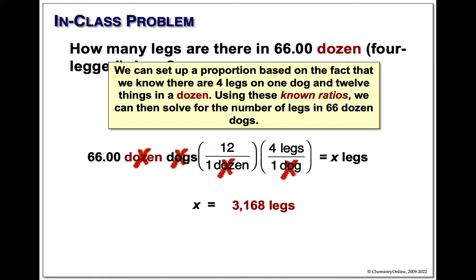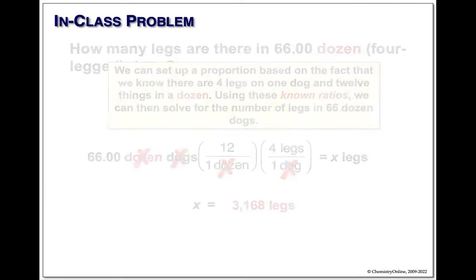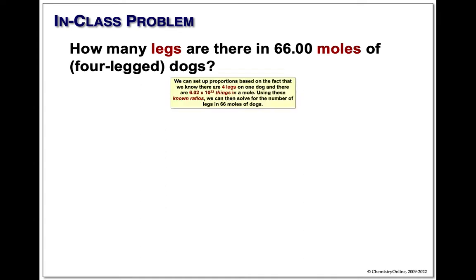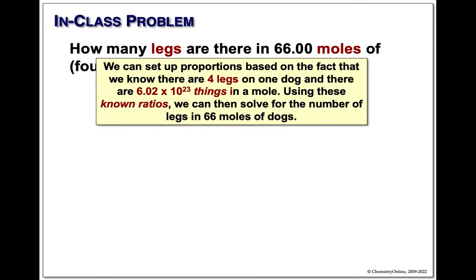Now we're going to do exactly the same problem, but instead of 66 dozen, we're going to have 66 moles, which means that our ratio isn't 12 to 1, it's 6.02 times 10 to the 23rd to 1. 66 moles of four-legged dogs. We know there are 10 to the 23rd things in a mole, and again, 4 legs in a dog.